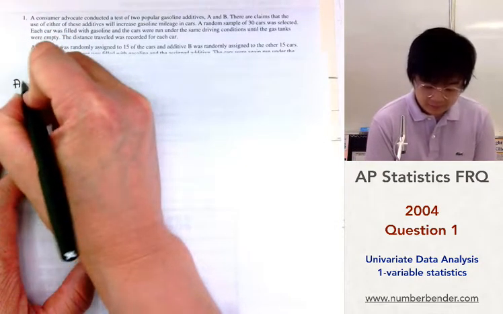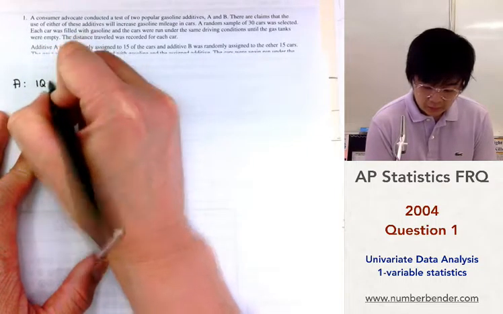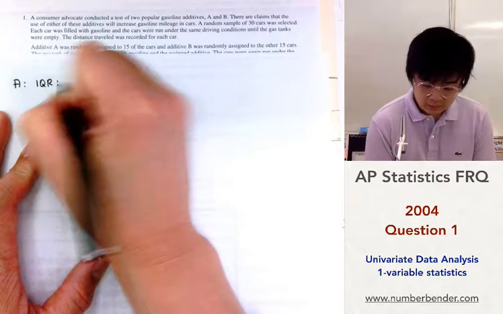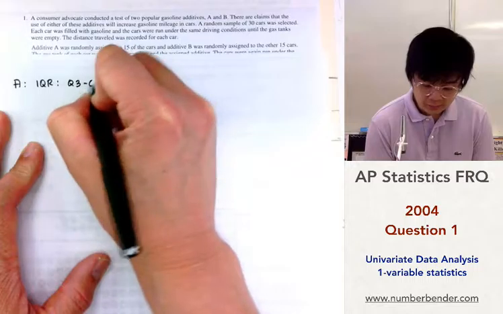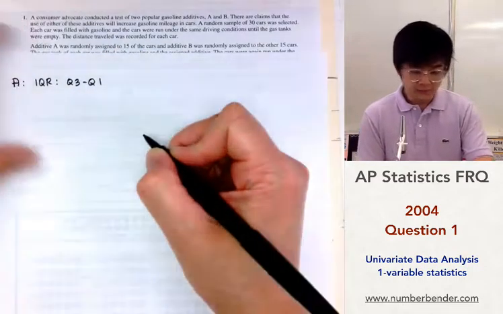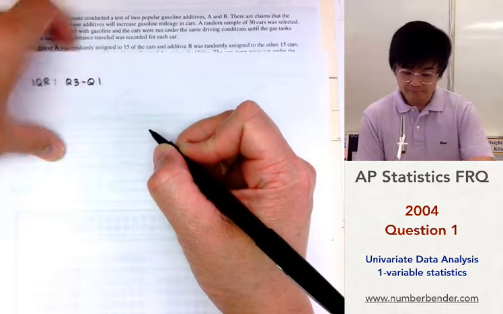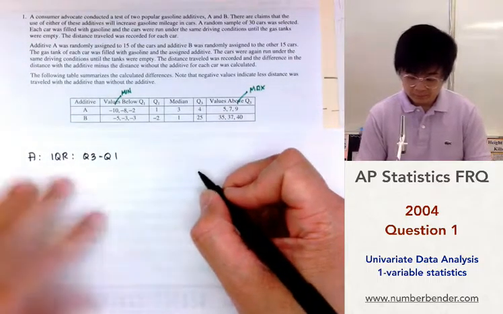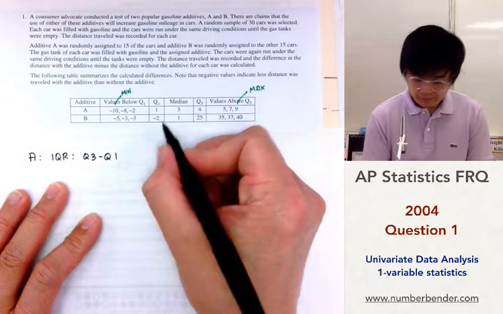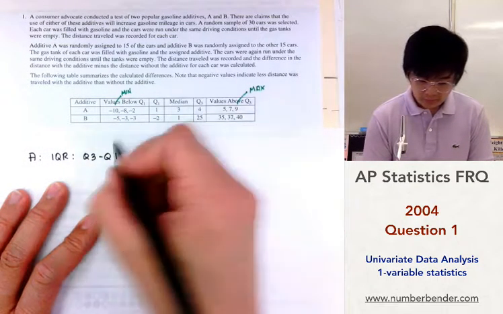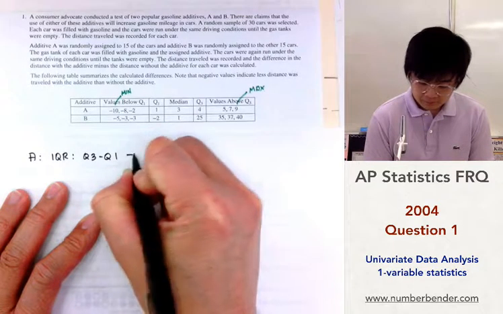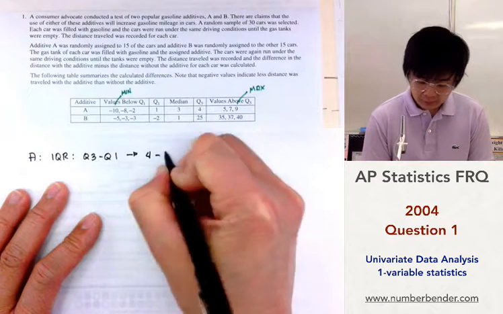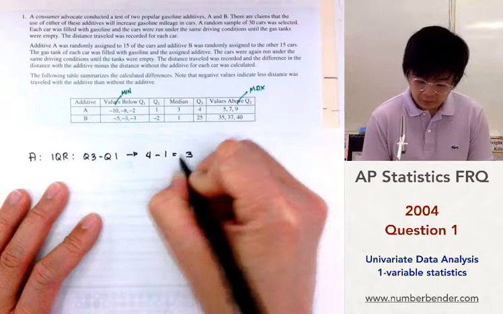For additive A, IQR is Q3 minus Q1, and for additive A, we know that Q3 is 4 minus 1, which is equal to 3.